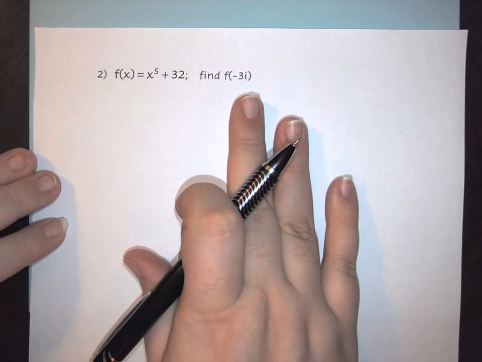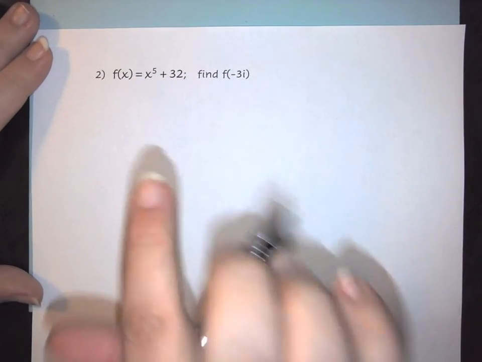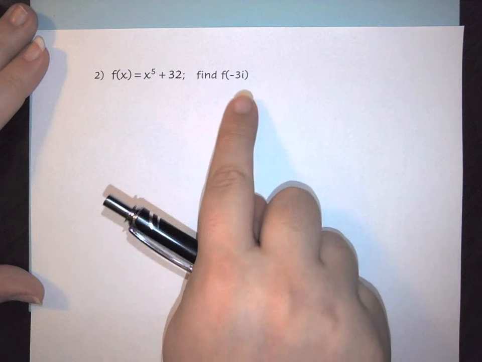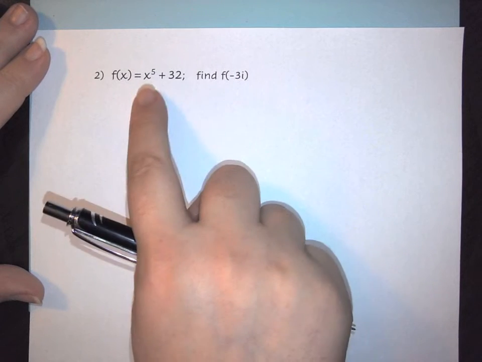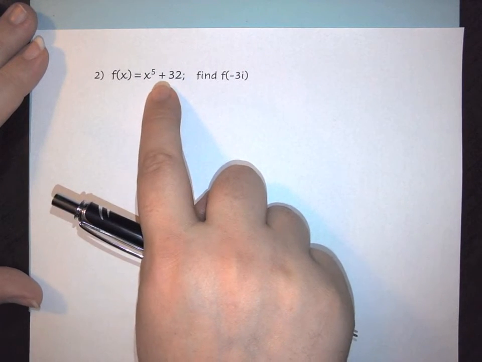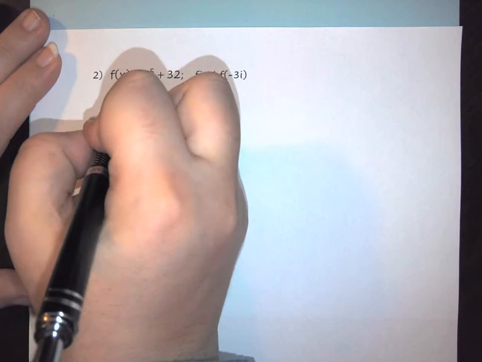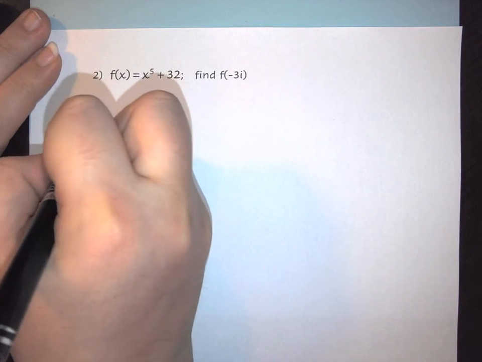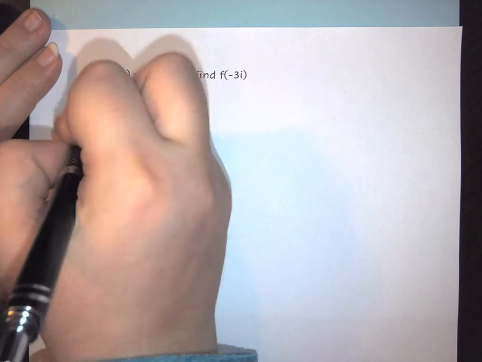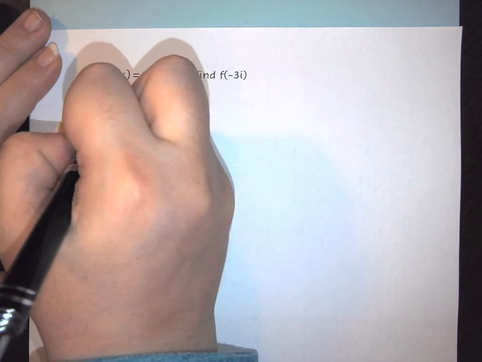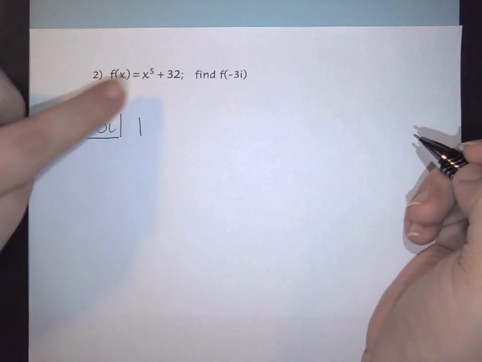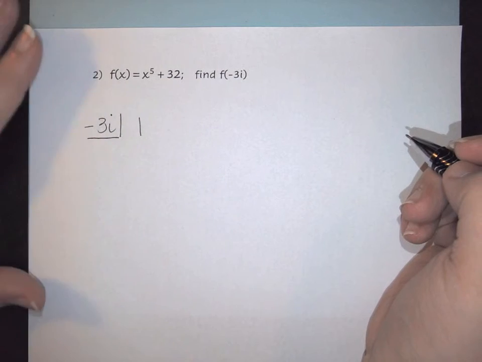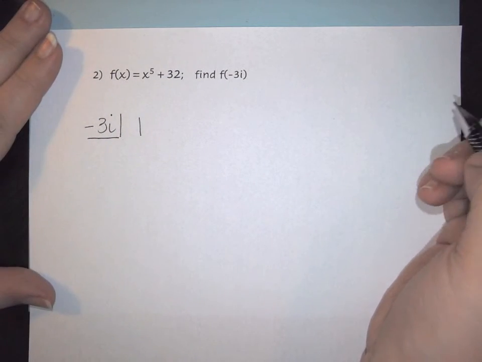Now here we've got another one, and the reason we're going to use synthetic division is because, 1, this is an imaginary, and 2, I don't have all of my x terms, so sometimes synthetic division can be considered a shortcut when evaluating. Here I have x to the 5th, so 1, but then I don't have any other x terms, so they have to be represented by 0.